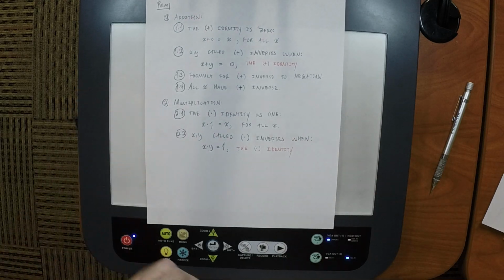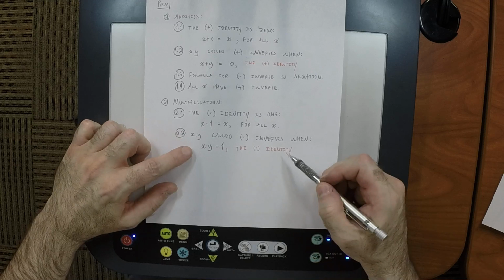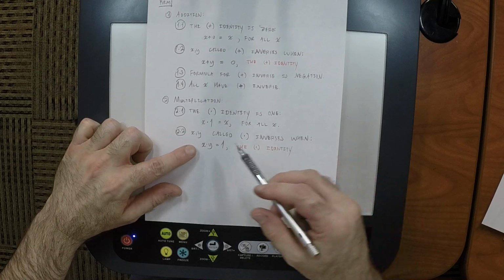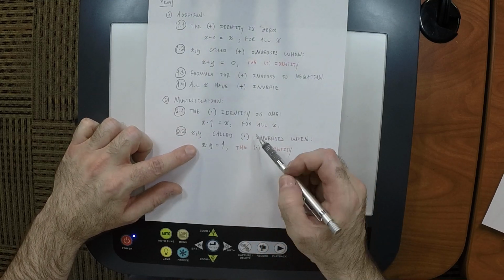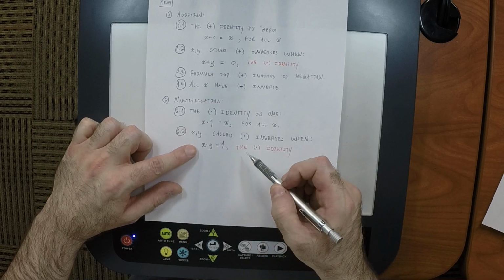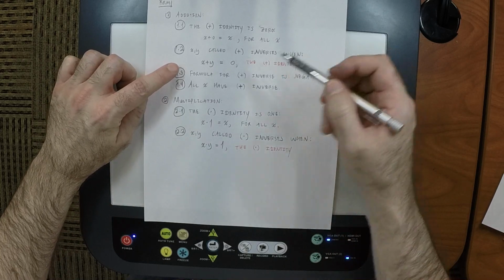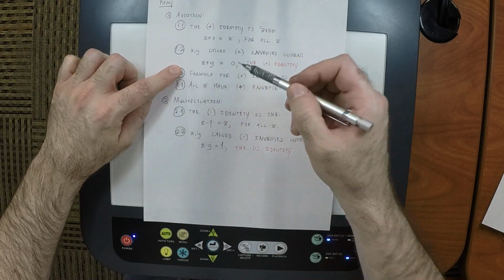And again, to really overstress the emphasis of what's being said here, two numbers are called multiplicative inverses when you multiply them and the result is the multiplicative identity, just like two numbers are said to be additive inverses when you add them and the result is the additive identity.